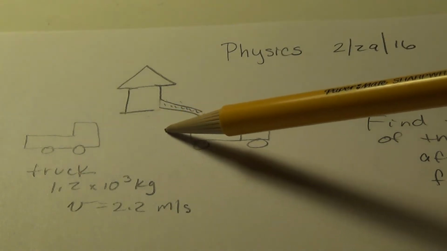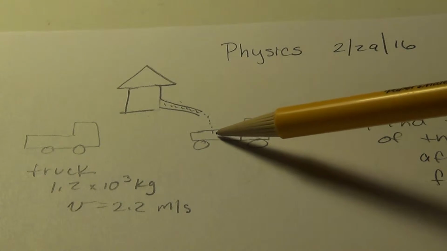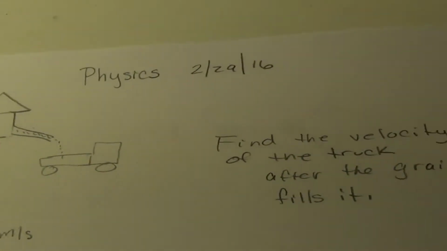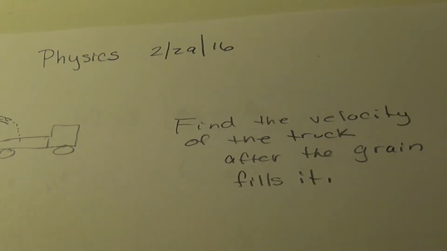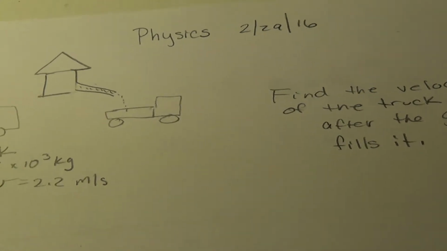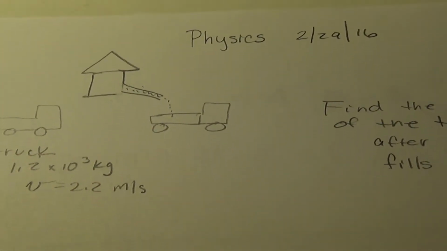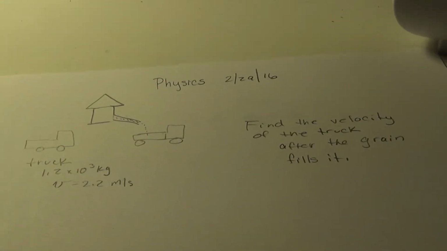It will coast right through this whole process and be able to fill the back without stopping or speeding up. So the question is, find the velocity of the truck after the grain fills it. Alright, so write down that scenario, the question, the information given, and the picture.